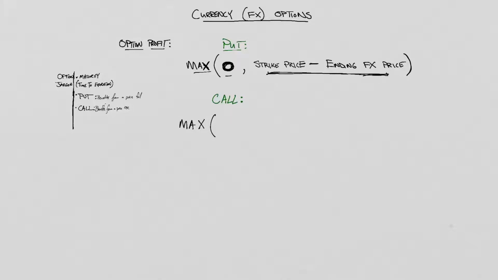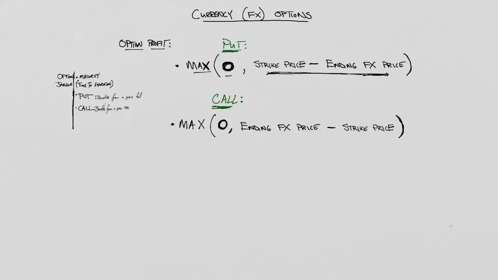It's either zero. Again, you have this feature that you can walk away if the position moves against you. You just lose the premium. Or the ending foreign exchange price, the price at which the spot currency ends up at the time of expiration of this option, minus the strike price. You can see it's just like the inverted form of a put option, the payoff of a call.